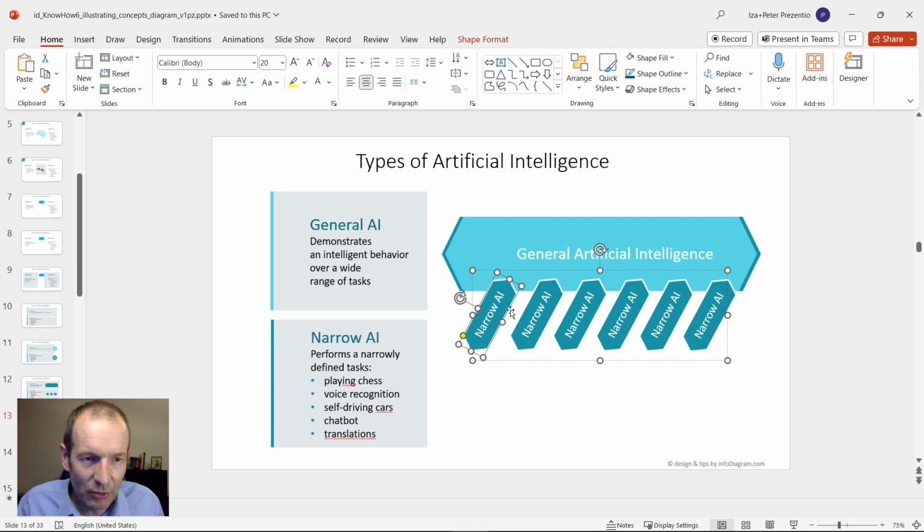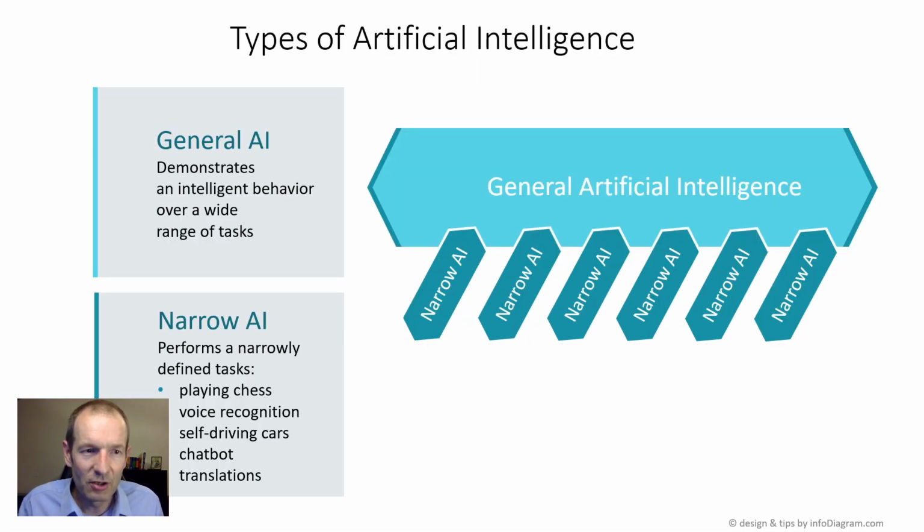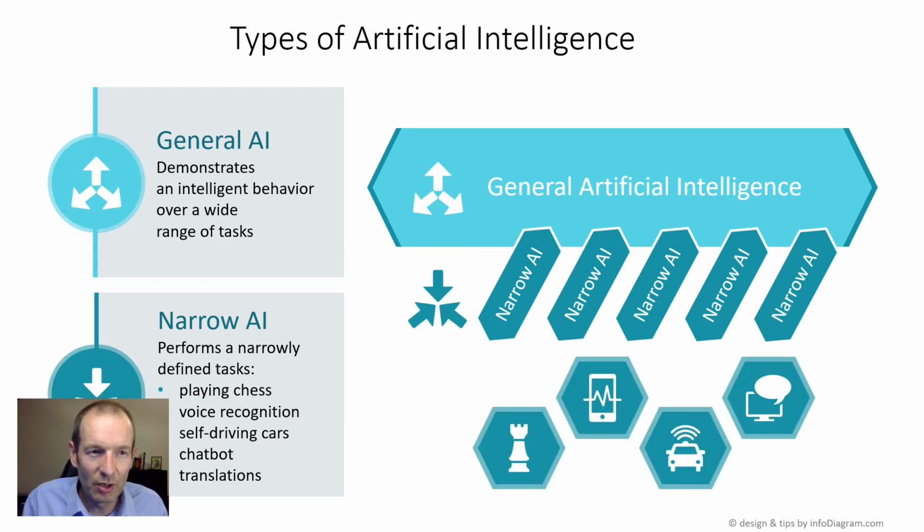So with the narrow AI shape, I actually wanted to show that narrow AI is covering just a smaller scope. And I can combine it also together with icons which I had before. So I would just use these assigned icons like for general AI and assign the same color and the icon for this general AI area as compared to narrow AI, which is covering the specific applications.